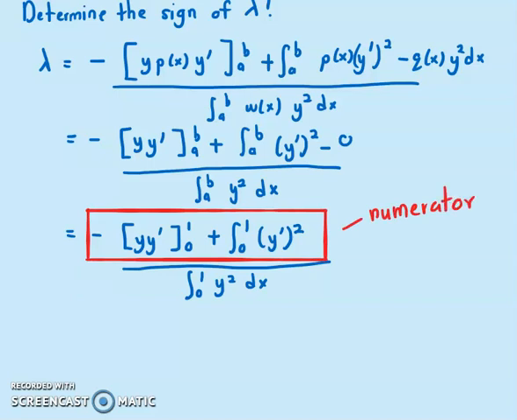If I put the values in, putting in 1, I have minus y(1) y prime(1) minus y(0) y prime(0). That's all I need to consider.